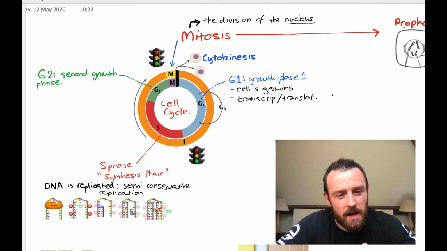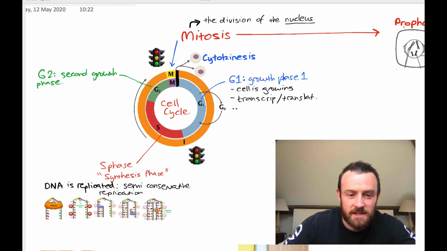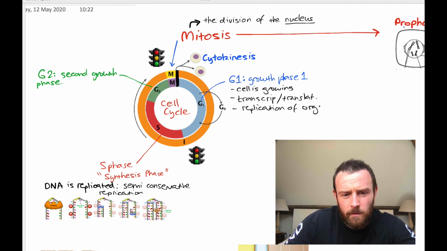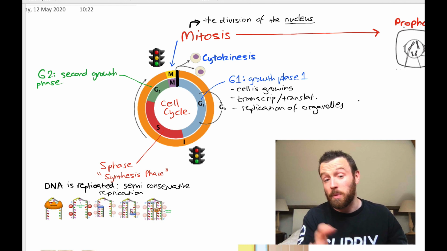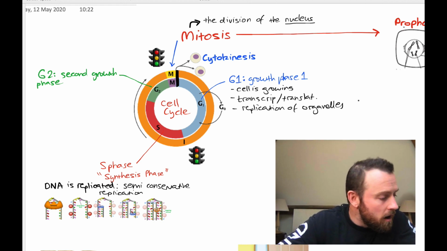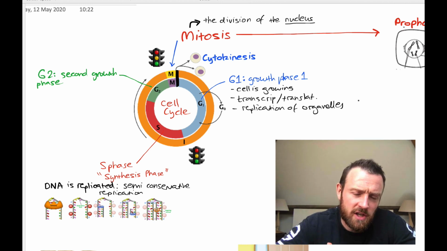New proteins are being built. Also, we have replication of organelles. So that's things like mitochondria, chloroplasts if it's a plant cell, those sort of things are dividing. So the cell is just growing, essentially.